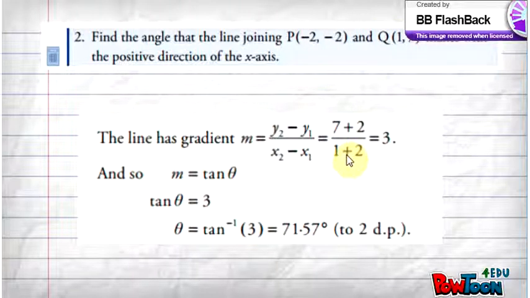So we get 9 over 3, which is 3. So m equals tan theta. Therefore, as the gradient's 3, tan theta equals 3. So the angle will be the inverse tan of 3, which is 71.57 degrees.